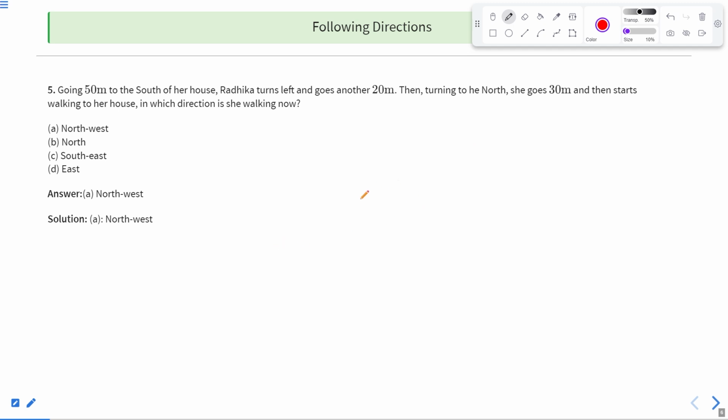Going 50. So let's take again this to be starting point, home. From here he goes east, south. South 50 meters. Turns left. Left is this way if I'm walking that way.